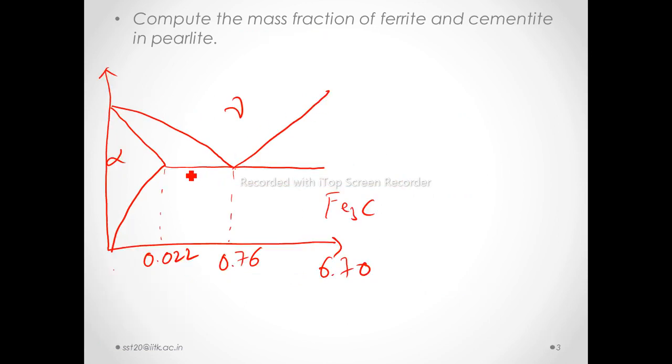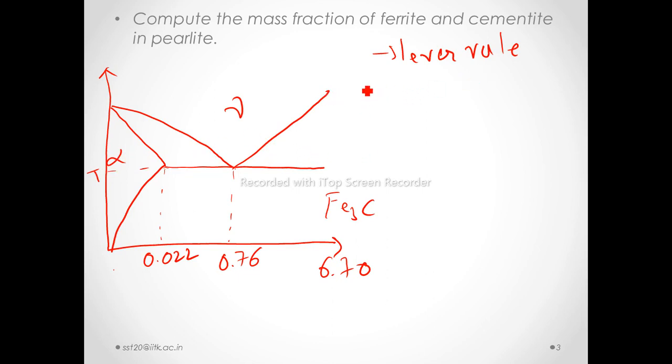Now we have this small portion of the iron carbon phase diagram. This is alpha, this is gamma, and we need to compute the mass fraction of the ferrite as well as the cementite. To know the mass fraction, we first use the lever rule. From the lever rule, at this temperature T, we can get the mass fraction of alpha ferrite as well as cementite.